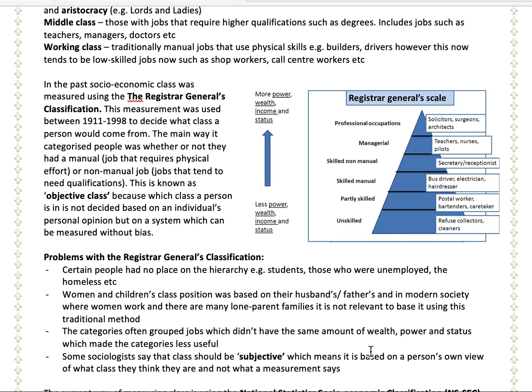The problems with having this sort of system is that some of the jobs that are in each category are quite different in terms of the pay. So, for example, surgeons get paid significantly more than solicitors do. Electricians can get paid significantly more than bus drivers, that kind of thing. So there can be quite a disparity of wealth within one position.